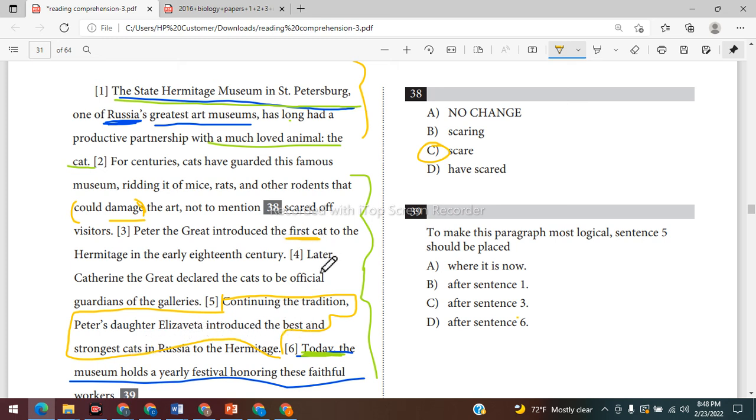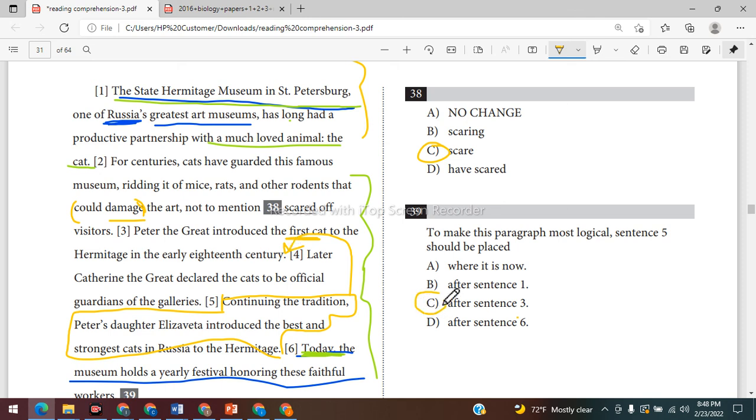So they're still talking about how both of them brought the cats. So this is supposed to be here. She basically continued the tradition of bringing the cats into the Hermitage. So yes, it's better after sentence 3.